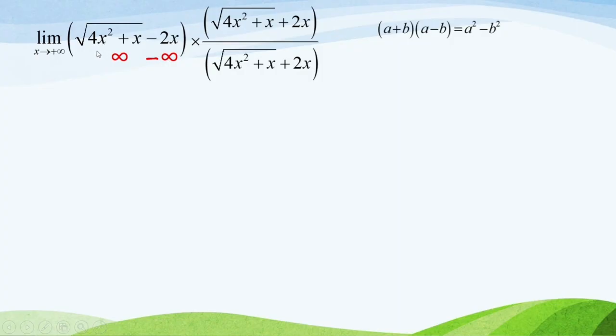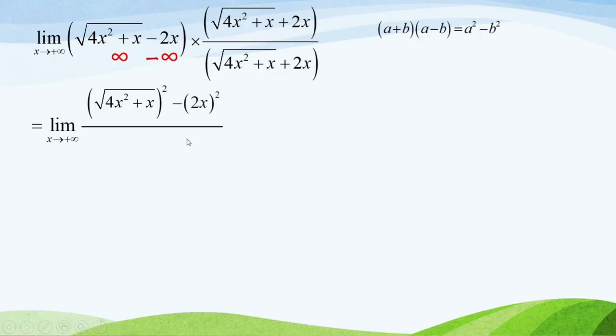We get limit x approaches infinity, the square root of 4x squared plus x, squared, minus 2x squared, and the denominator is still the same, the square root of 4x squared plus x plus 2x.